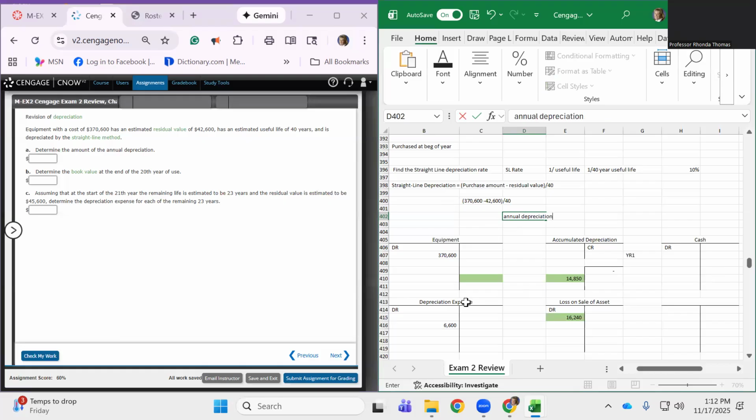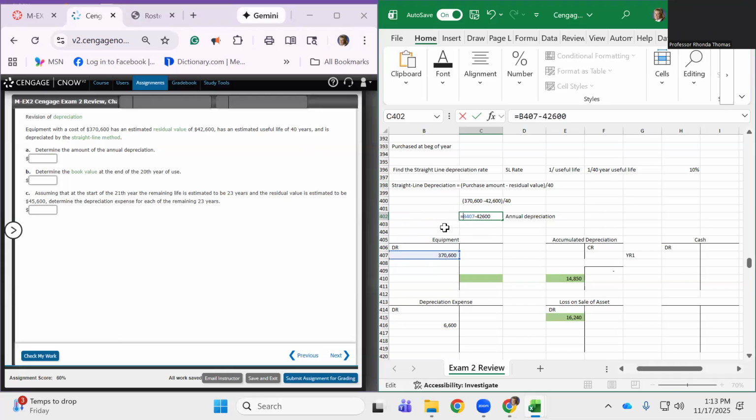If nothing else changes, we need to know how much the annual depreciation is. It equals the amount we bought it for minus the residual amount, divided by 40.